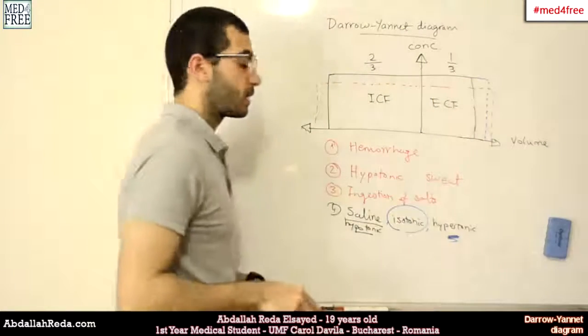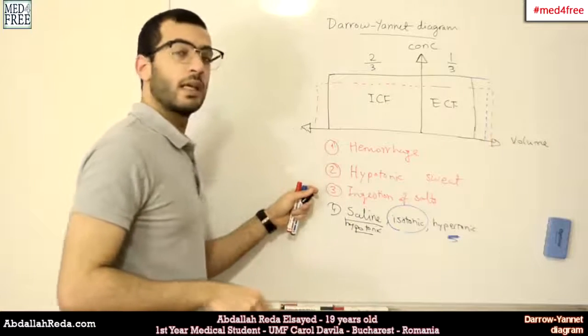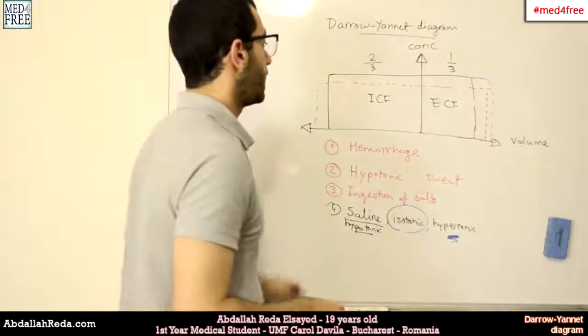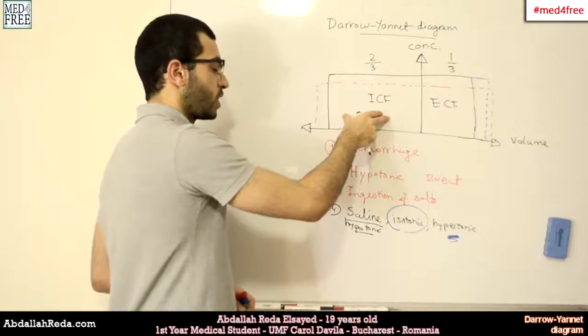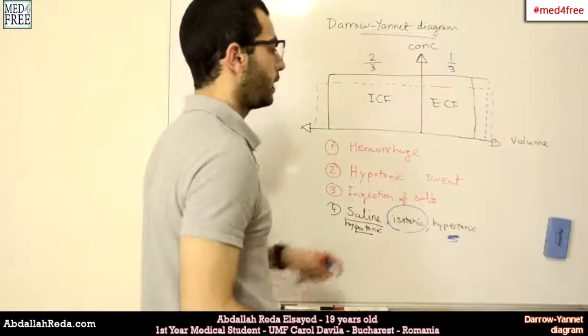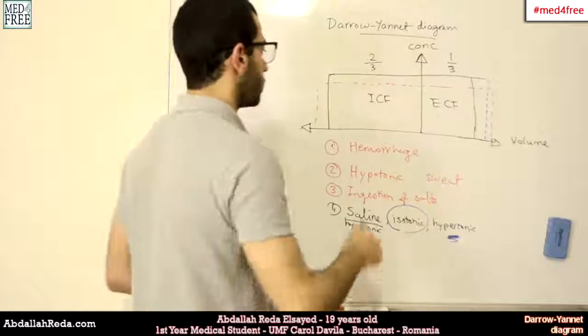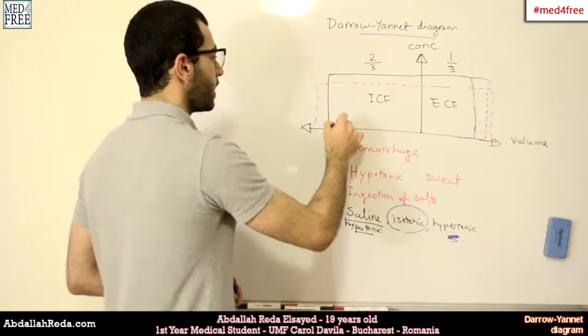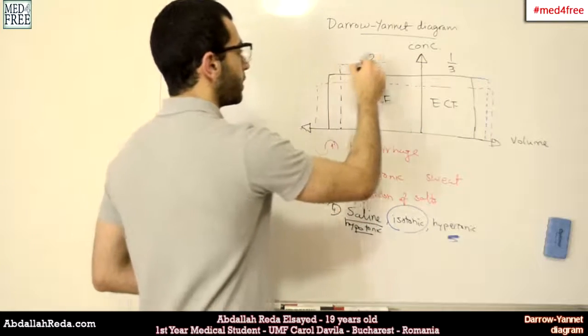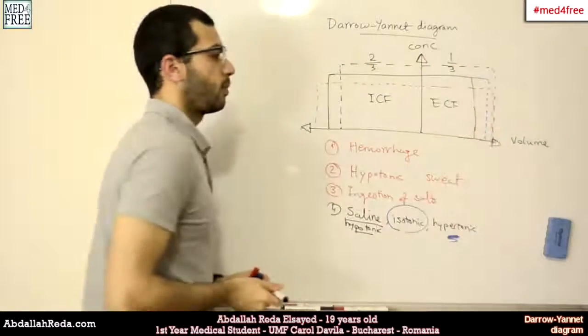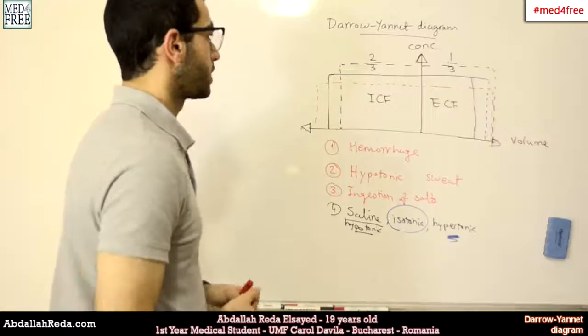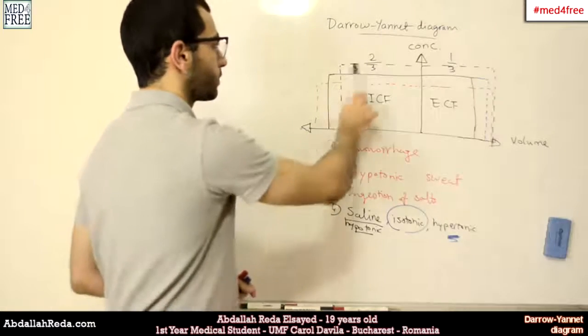But the only difference is that in the case of addition of salts, more fluid shifts from this compartment to the other one. In the hypertonic, it's lower, but it will have the same shape of the diagram, something that looks like this.